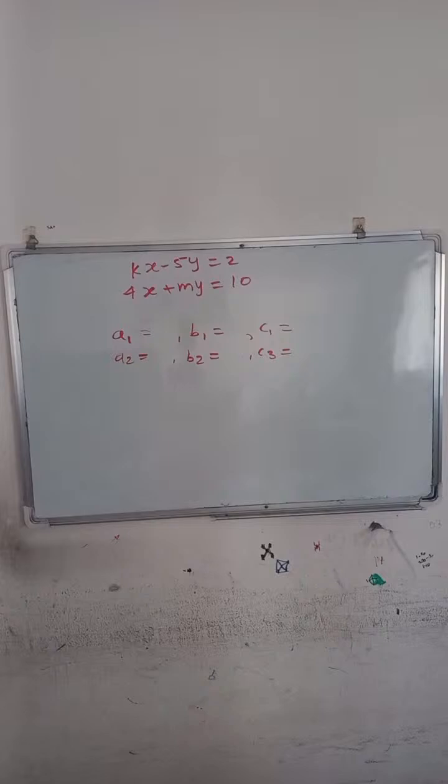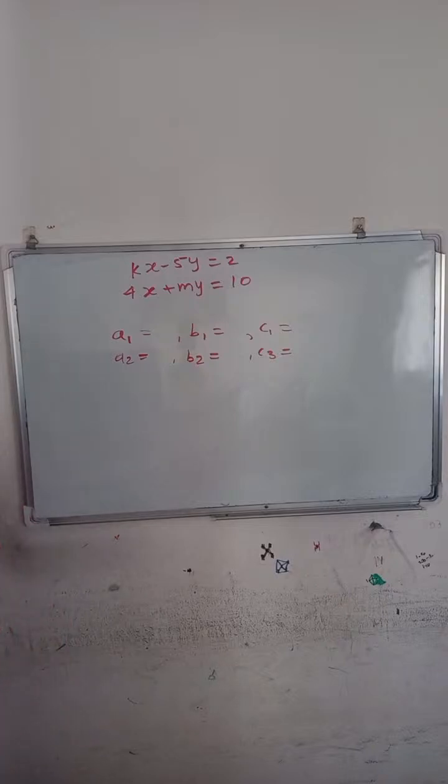C option, k is equal to 5 by 4 and m is equal to 25. The last option, k is minus 5 by 4 and m is 25.